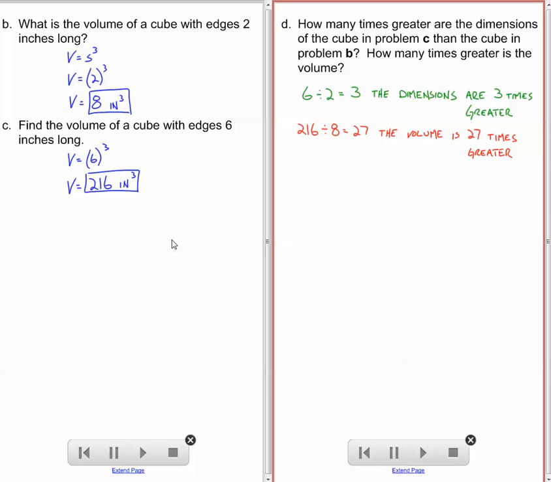A little added note on this. Some might say the scale factor is 3. 3 cubed is 27. Isn't volume a cubic measurement, three-dimensional? 3 cubed is 27.